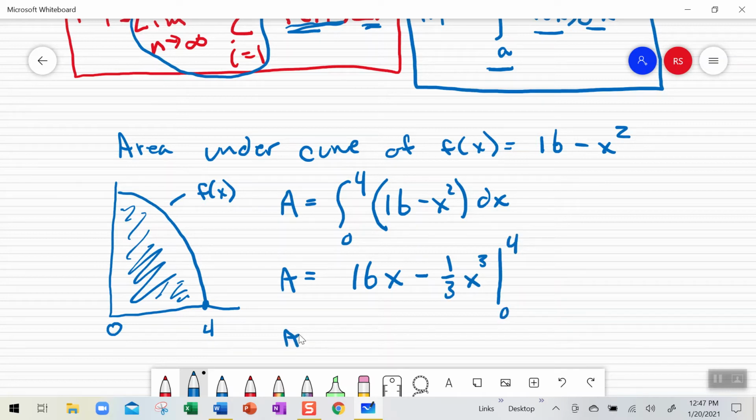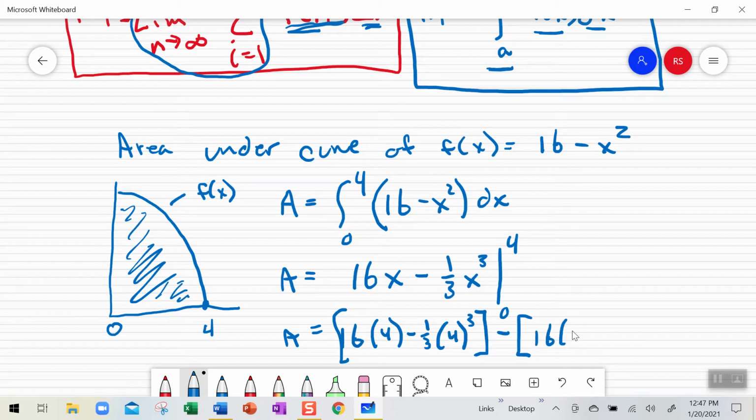And so the area is going to be using 16 times 4 minus 1/3 times 4 cubed. I'm using the fundamental theorem of calculus now, F of b minus F of a, so minus 16 times 0 minus 1/3 times 0 cubed.